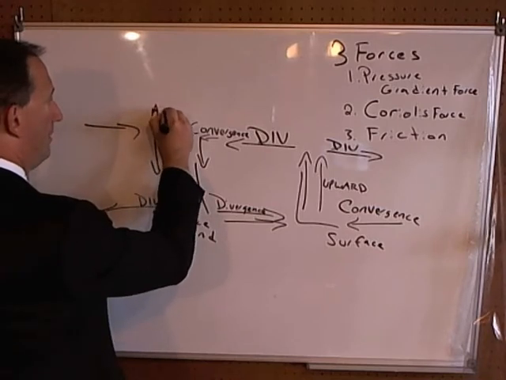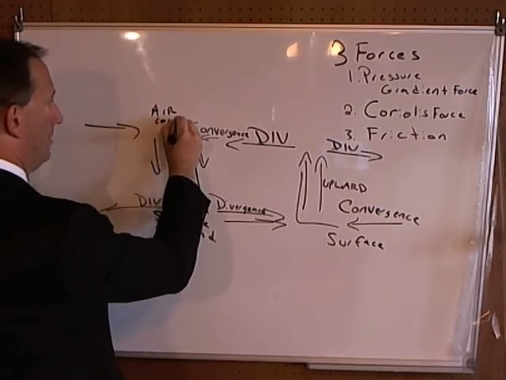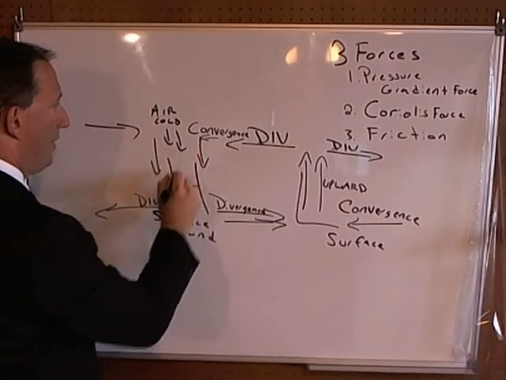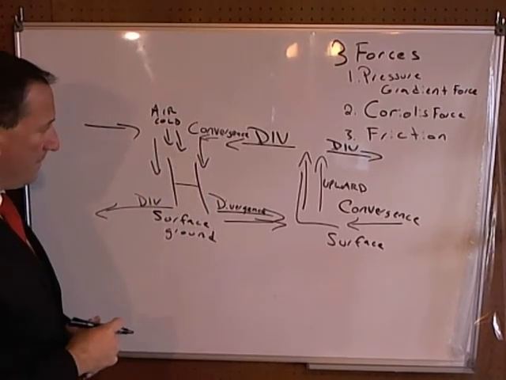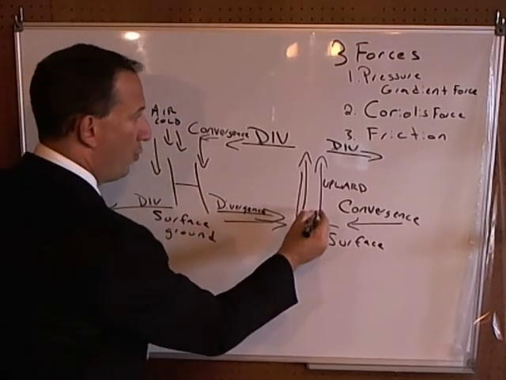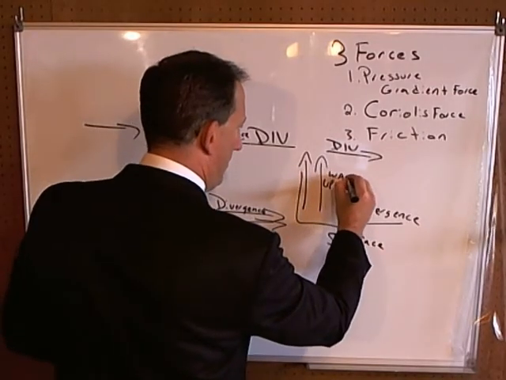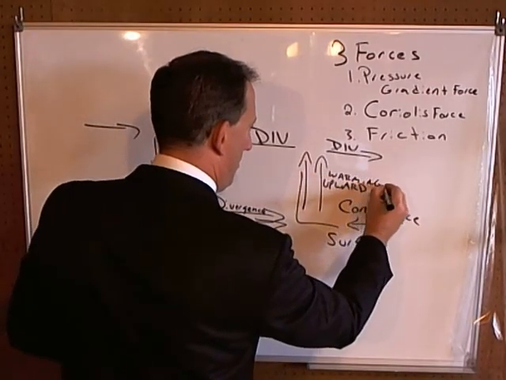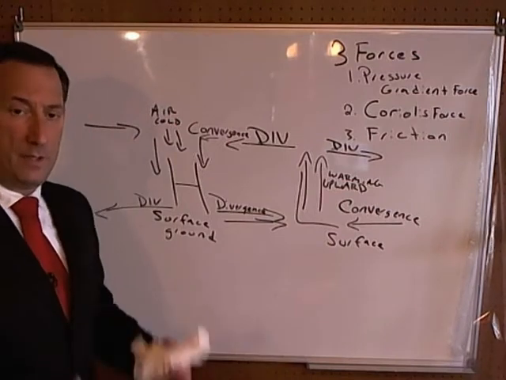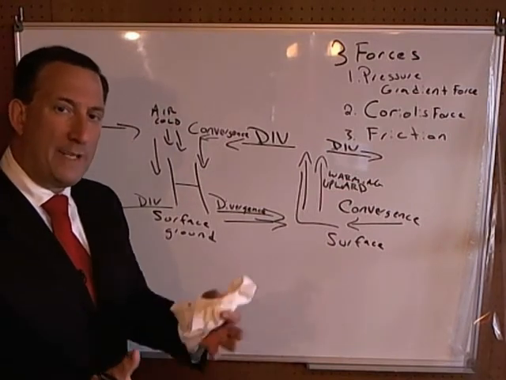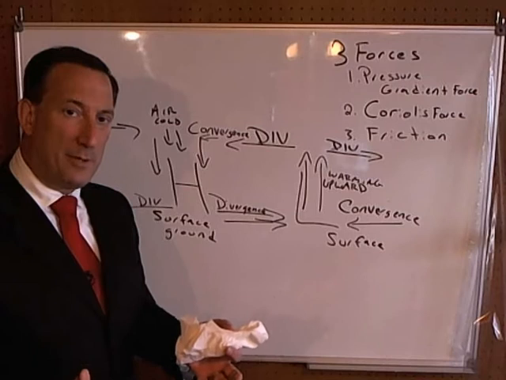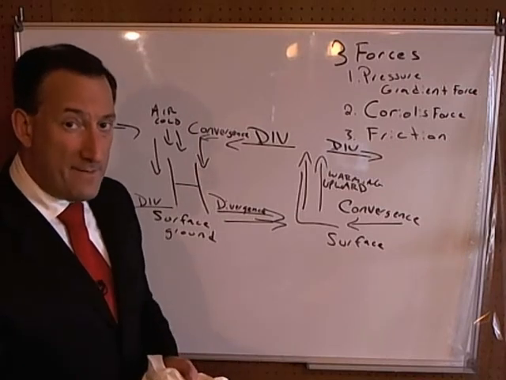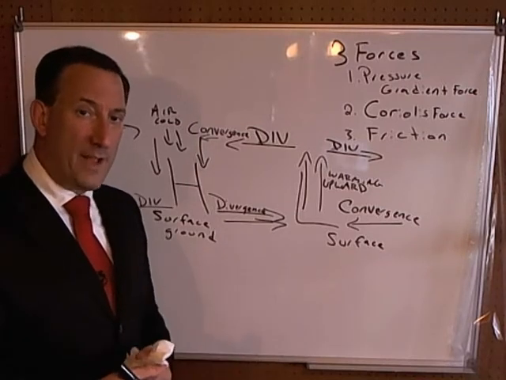So you have convergence here, and then what happens above high pressure? The air is colder, so it sinks. You have sinking air above high pressure. You have rising, warming air above low pressure. Remember what we talked about if the air is stable or unstable? If the air parcel is warmer than the environment, or if the air parcel is colder than the environment?